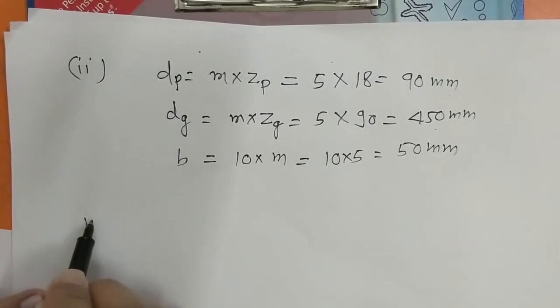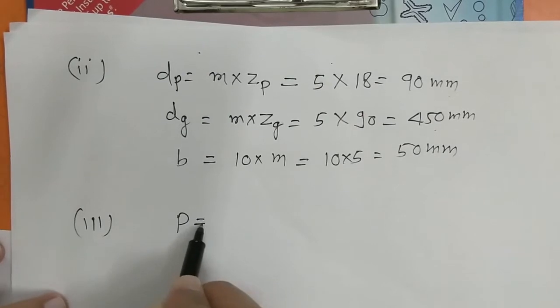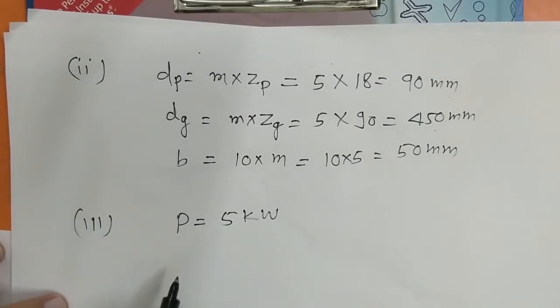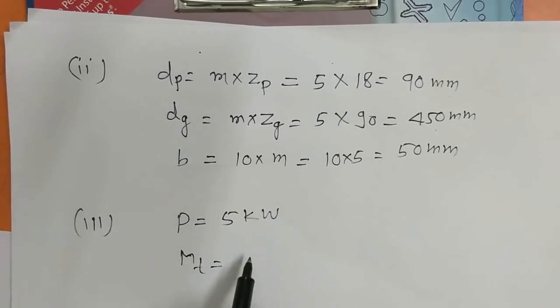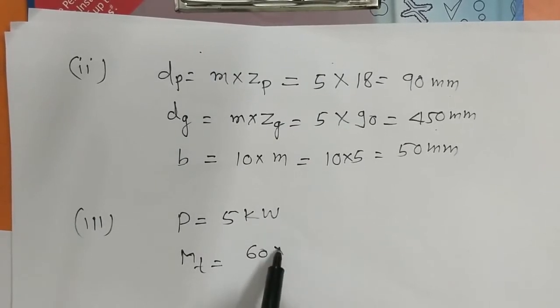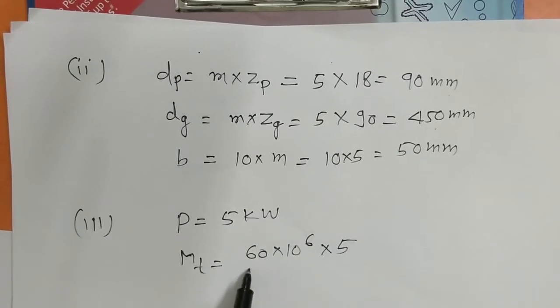So next, rated power is given as 5 kilowatt, and so rated torque is Mt equals 60 multiplied by 10 raised to power 6 multiplied by 5 divided by 2 pi Np.